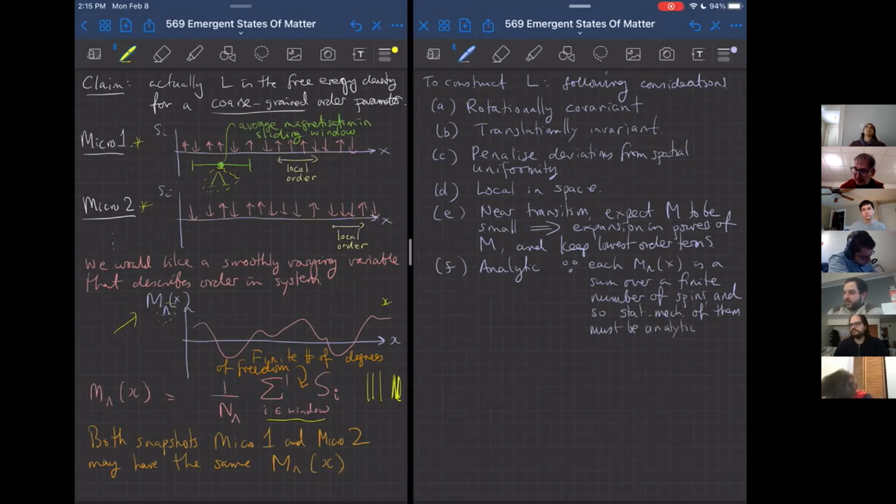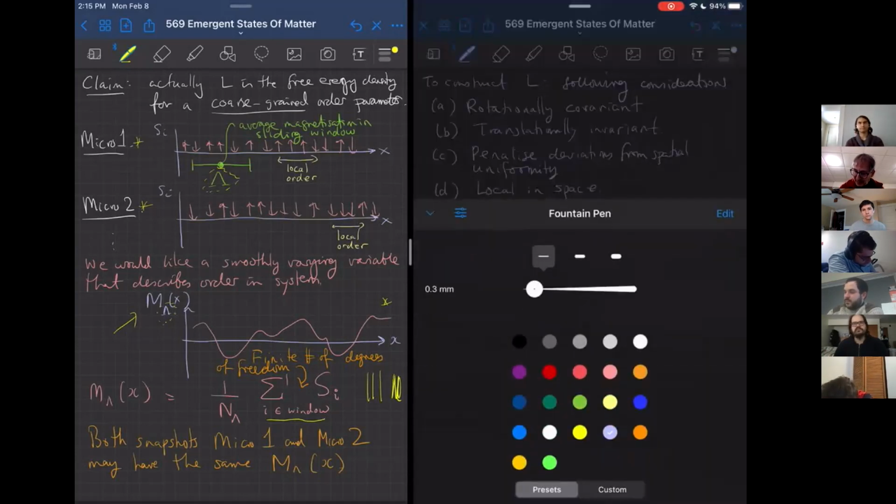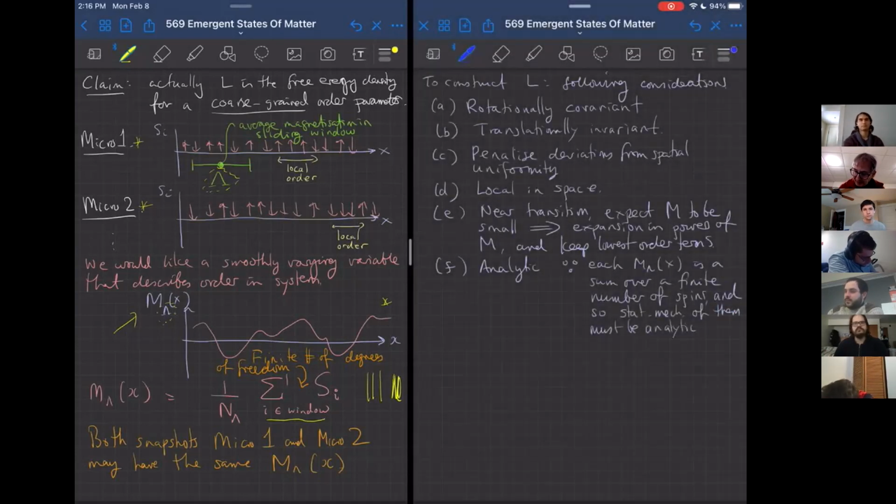And specifically, when I say the statistical mechanics, what I mean is that the partition function is only a finite number of terms, and therefore must be analytic.